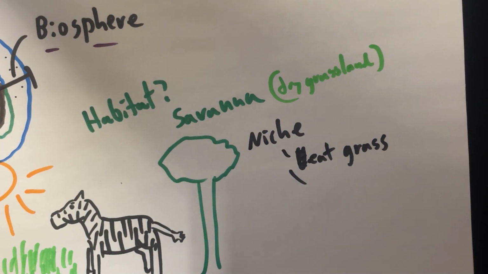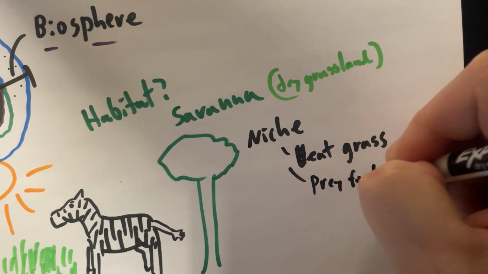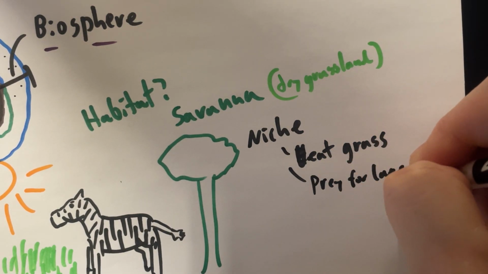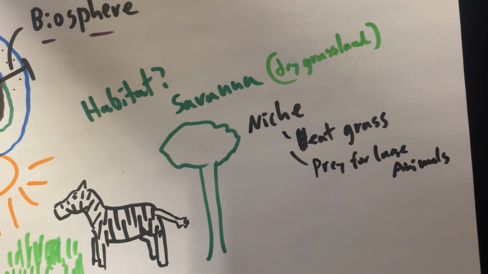So they're prey for large animals. So Simba can sneak up and devour it alive.